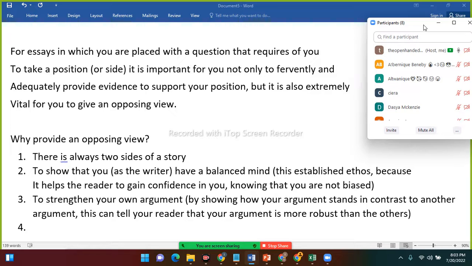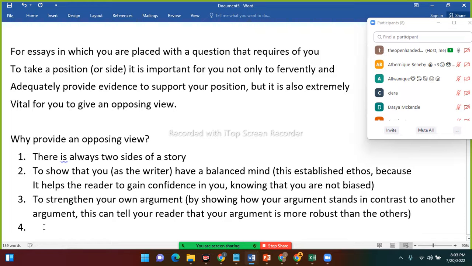That's because when no one rebuts you, when no one critiques you, when no one presents another side, it really sounds like your argument is the best one. But it really isn't, because you haven't shown it in contrast to another argument.